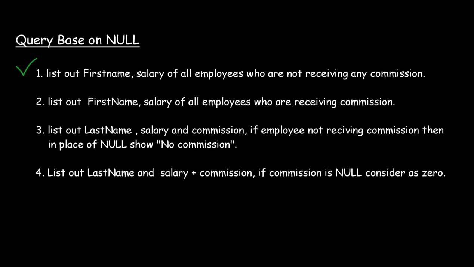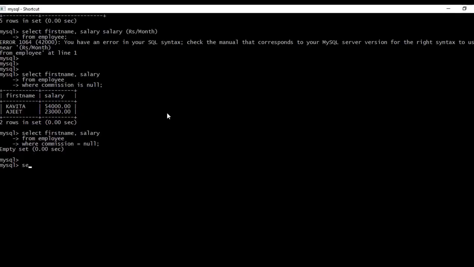Now come to question number 2. List out first name and salary of all employees who are receiving commission. Means the commission field must have some value. So I am writing the query for this one.